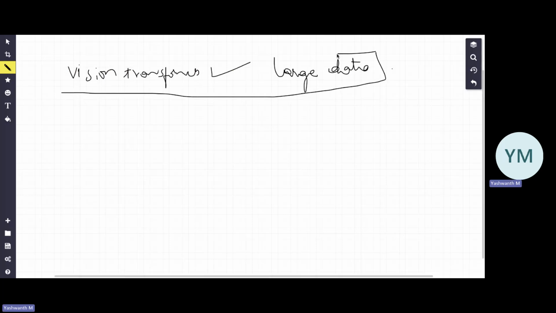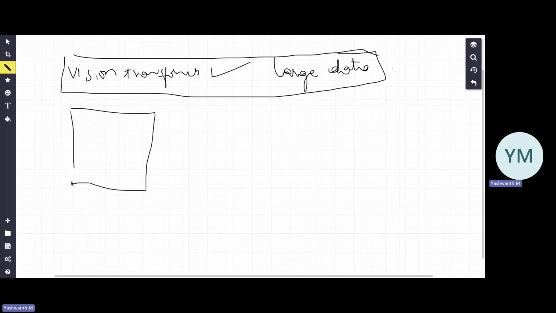This is good for classification tasks, which deal with the entire image. But if we want to do some level of detection within an image, such as object detection of some object in the image, then the vision transformer needs to be extended.